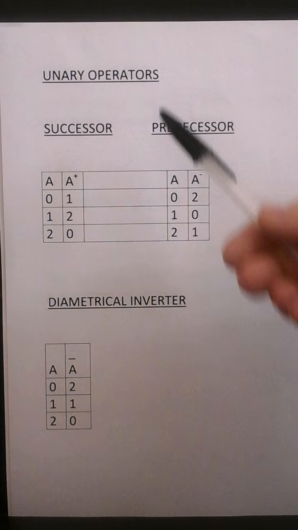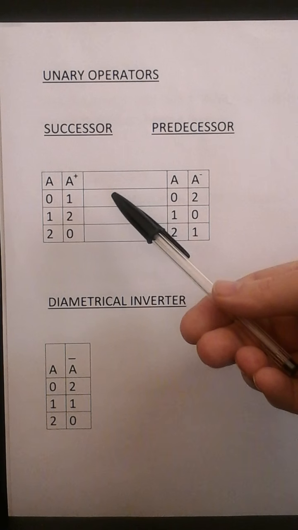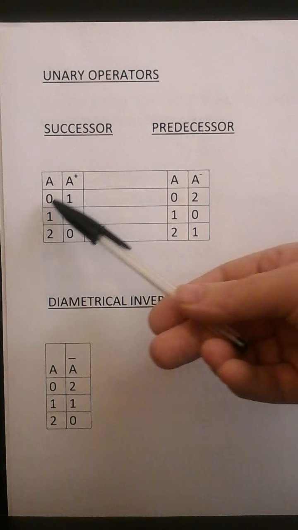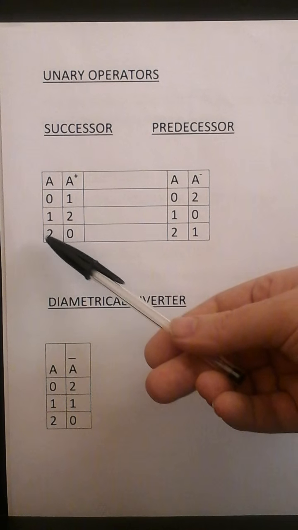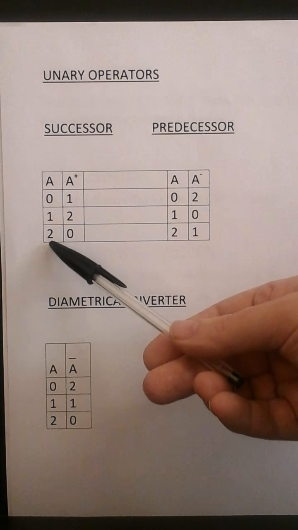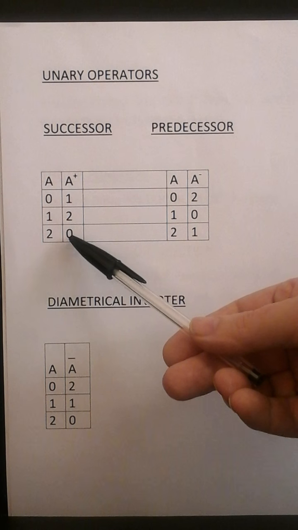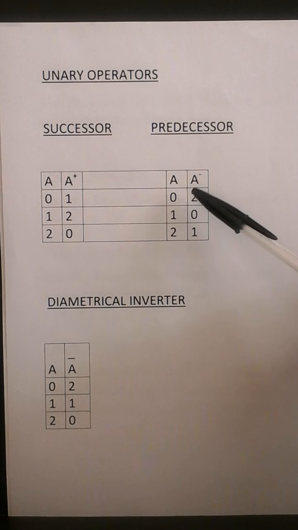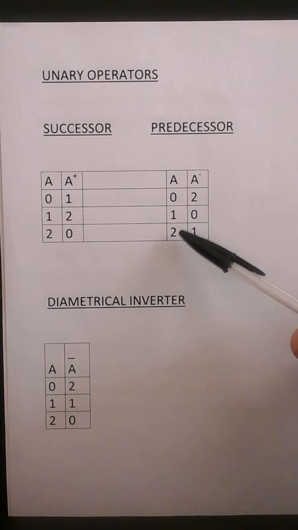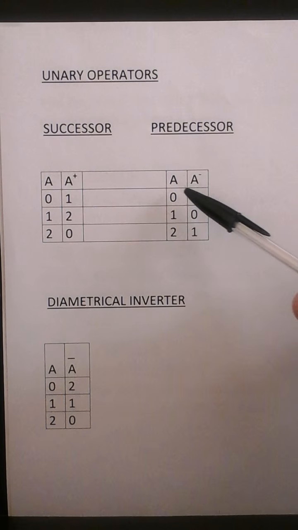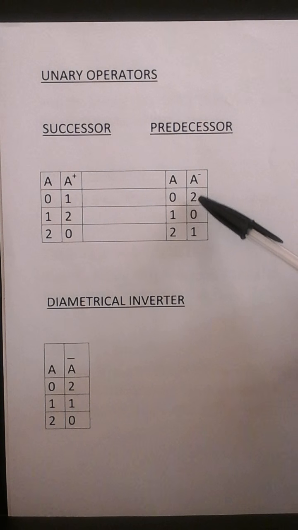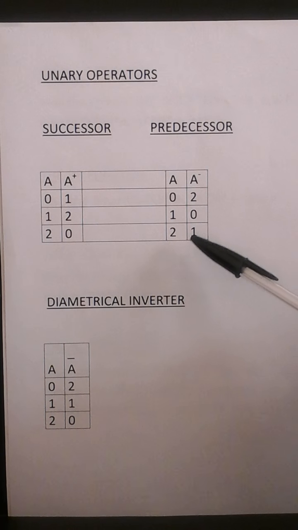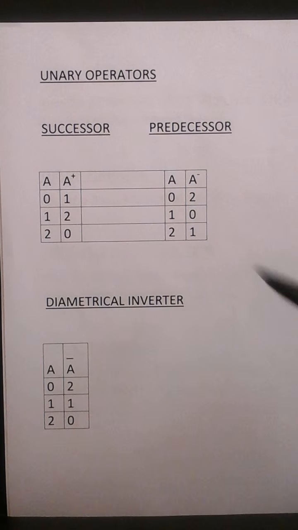Here we have the unary operators, which are with the ternary multiple valued algebra. The successor A just adds 1 to the input, and adding 1 to 2 modulo 3 is 0. Here's a predecessor function which takes 1 away from the input A, and taking 1 away from 0 equals 2. 1 away from 1 is 0, 1 away from 2 is 1.